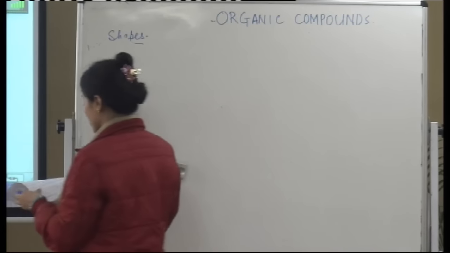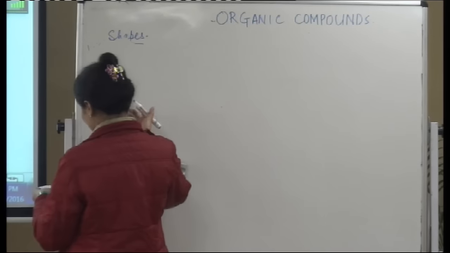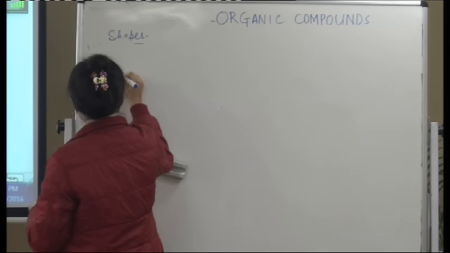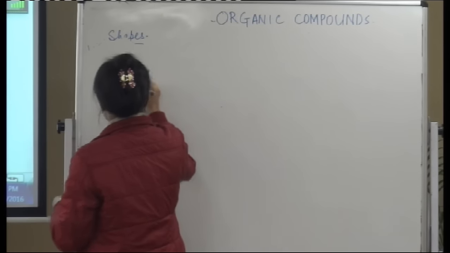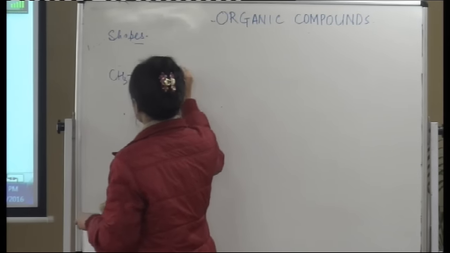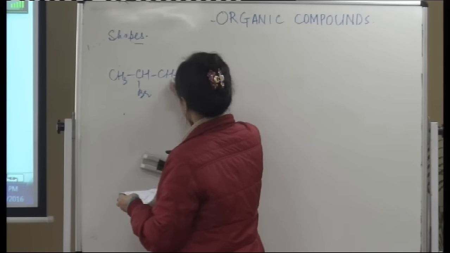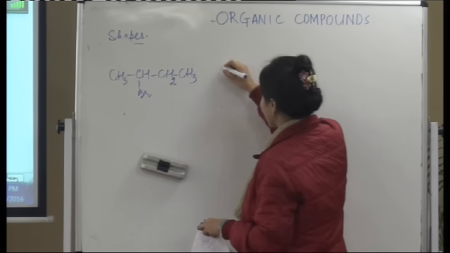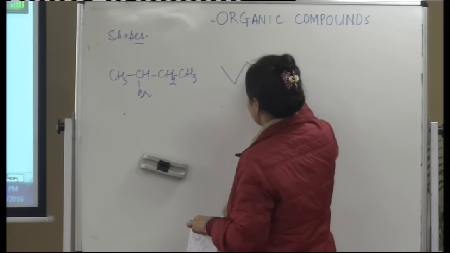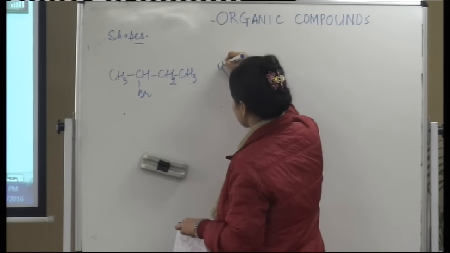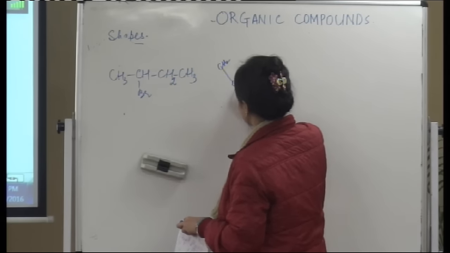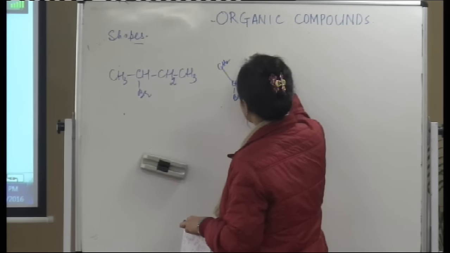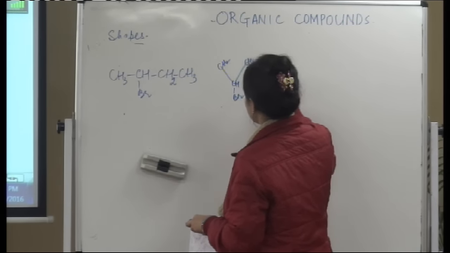Now there are various ways of representing a particular structure also. For example, this is the simplest condensed way that you actually do. This is the condensed form, right? There can be another form, the zigzag form. This can also be written like this: CH, Br, then a CH2 and a CH3 here.